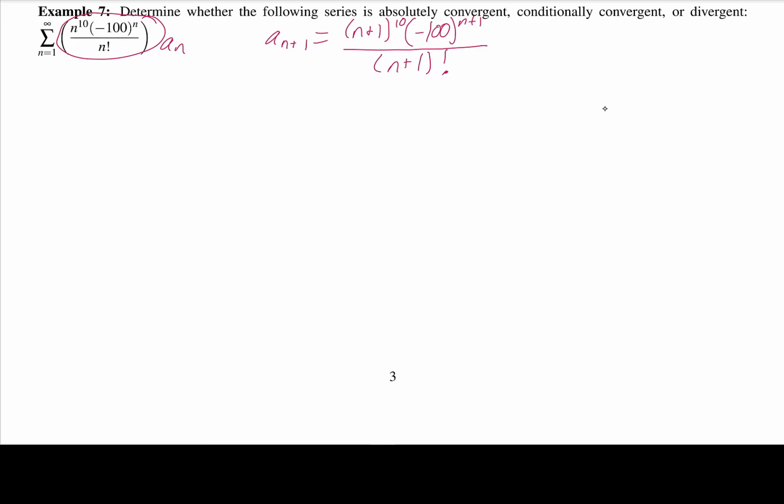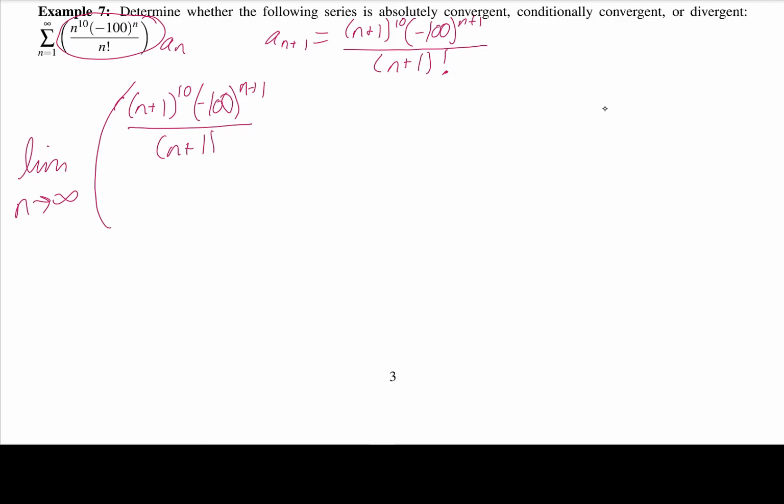So then we'll have the limit as n goes to infinity of a sub n plus 1, right, so that would be n plus 1 to the 10th times negative 100 to the n plus 1 over n plus 1 factorial, divided by a sub n, so n to the 10th times negative 100 to the n over n factorial.